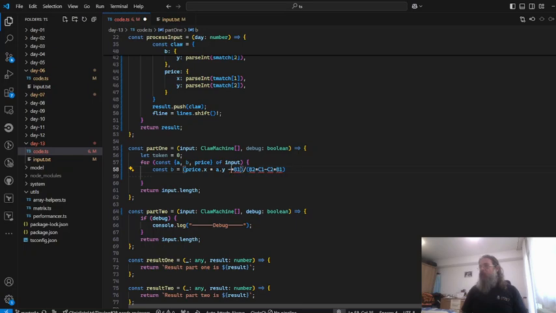And from that we subtract, actually let's change it in all the places.